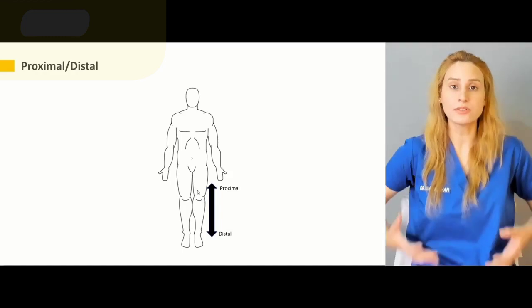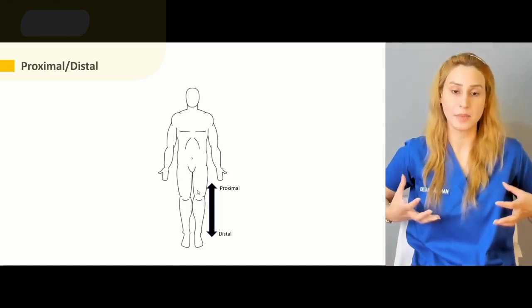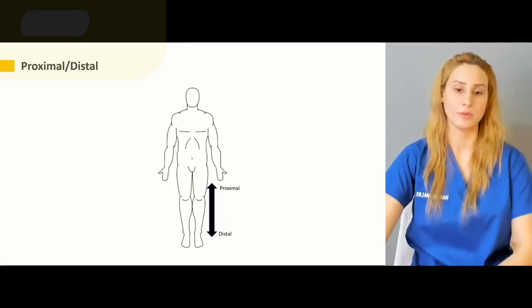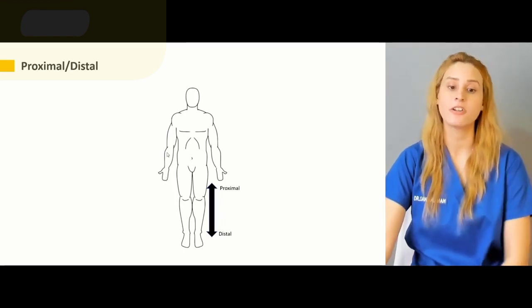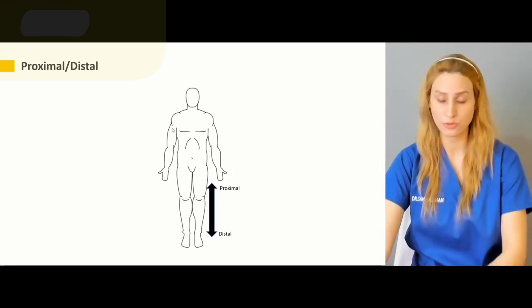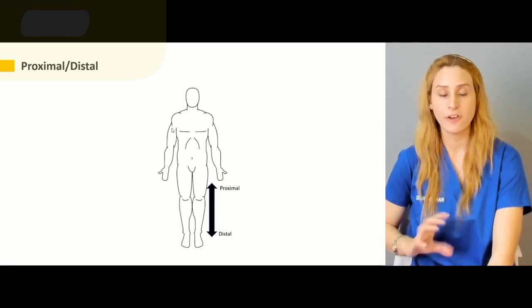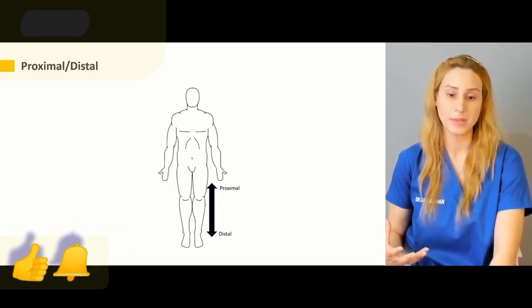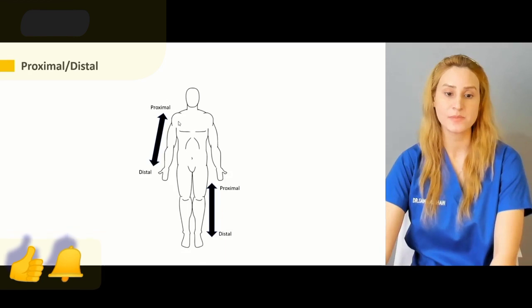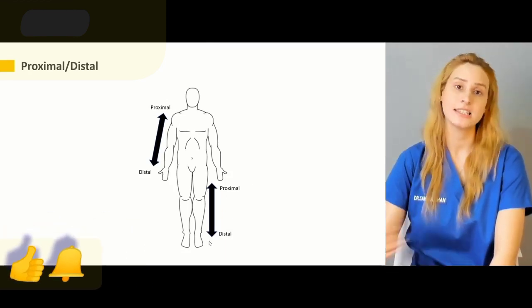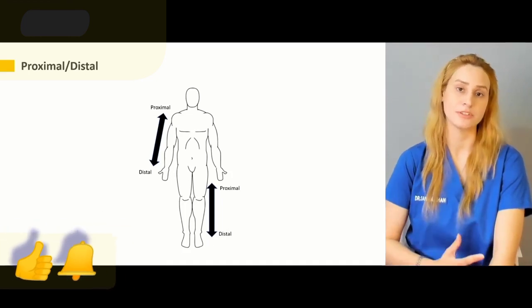Whichever is closer to the center of the body would be proximal, and whichever is away from the center of the body would be distal. Like the hands are distal, the arm is proximal, the forearm is distal to the shoulder. So you always have to define these terms relative to some reference, or draw a comparison between them, right? So this is proximal, this is distal, this is proximal, this is distal. Distal is away from the body, proximal is close to the body.